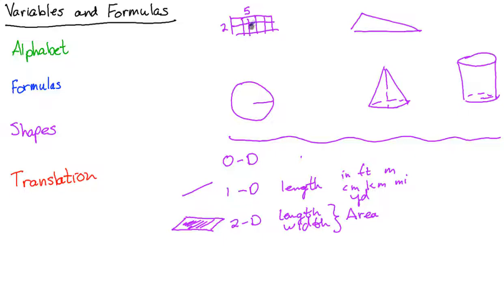Notice that the inside is colored by little squares that are feet by feet. So if you have a foot by a foot, what it creates is a square foot, or we put it like this, a foot squared.